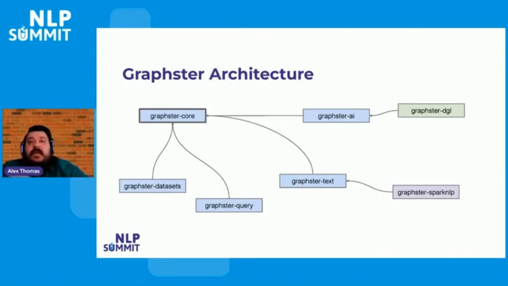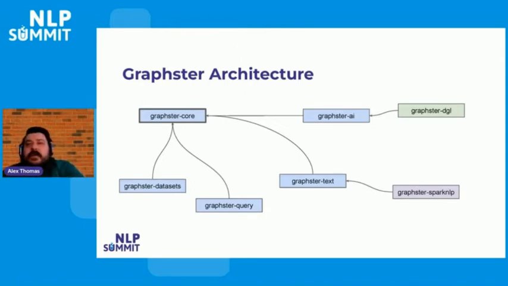After that, we have the Grafster datasets module, and what's stored there is basic I/O, and references to certain commonly used datasets that we think people will often want to integrate. Grafster Query is a library that lets us query SPARQL on Spark. So that way you don't need to do all this processing and then upload it into a triple store like what Vishnu was talking about. And so you can just query directly on Spark.